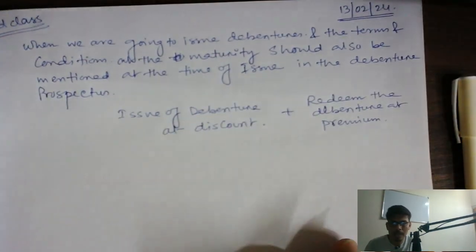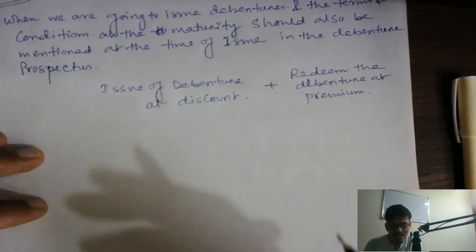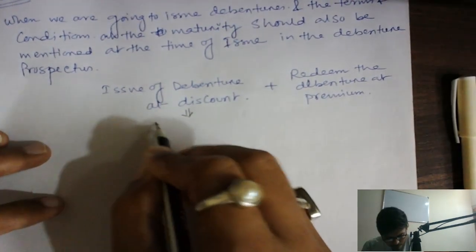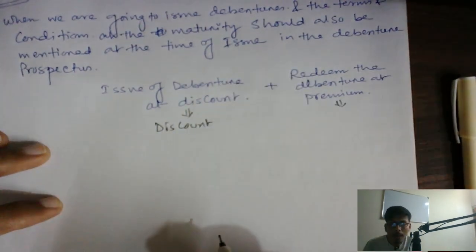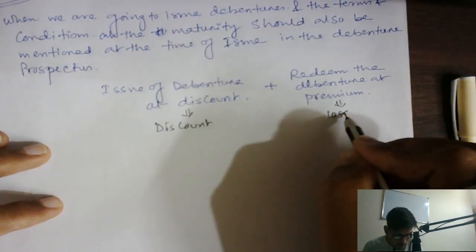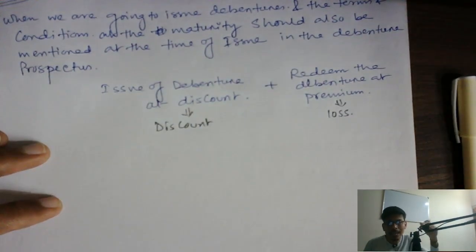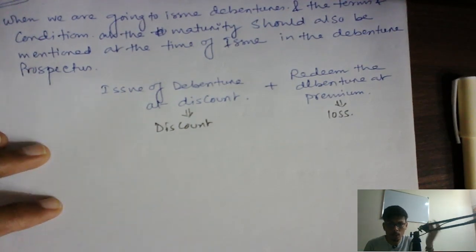When these two things happen, it creates a loss. It is nothing but the discount, guys, and this is actually your loss, because down the line at a future date we have to pay the redemption premium, so obviously it's a loss to me.